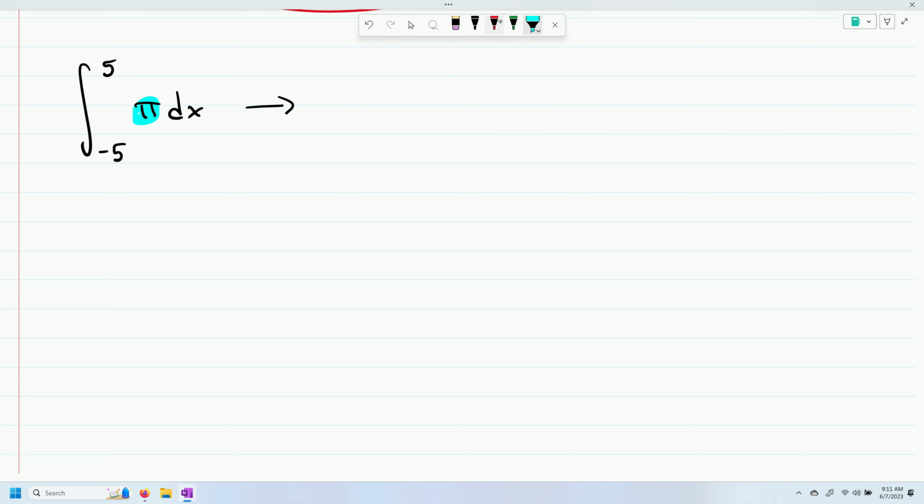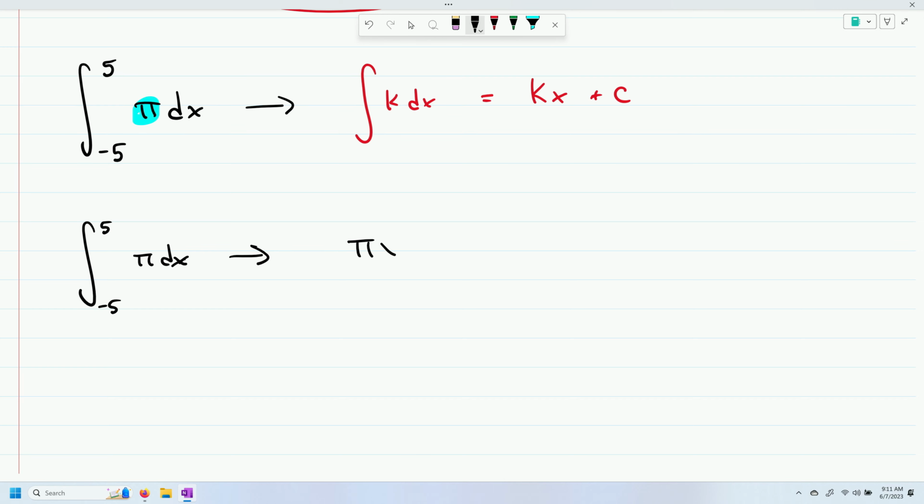So the formula that we're going to be using is the integral of k dx is equal to kx plus c. That's the formula that we're going to be using. So the integral of pi dx from negative 5 to positive 5 is going to equal pi times x, but now we're going to evaluate this between negative 5 and 5.